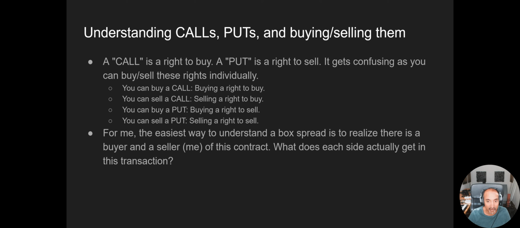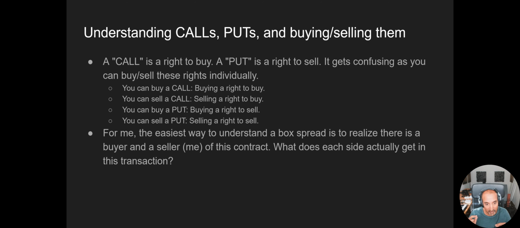It's still pretty confusing even when you write it down because of this second level of indirection. For me, the easiest way to understand it is to realize there are 2 parties to this contract. There's a buyer, and then there's a seller. In this case, the seller is me. I'm selling these 4 legs as one contract.